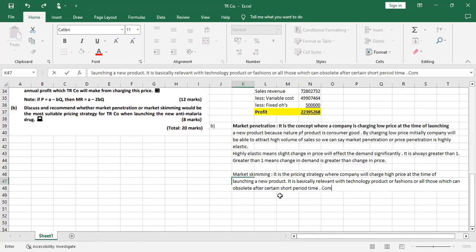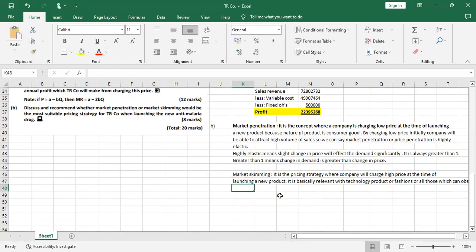Company can maximize its profitability and revenue before new entrants in the market, or before beginning of the competition in the market.